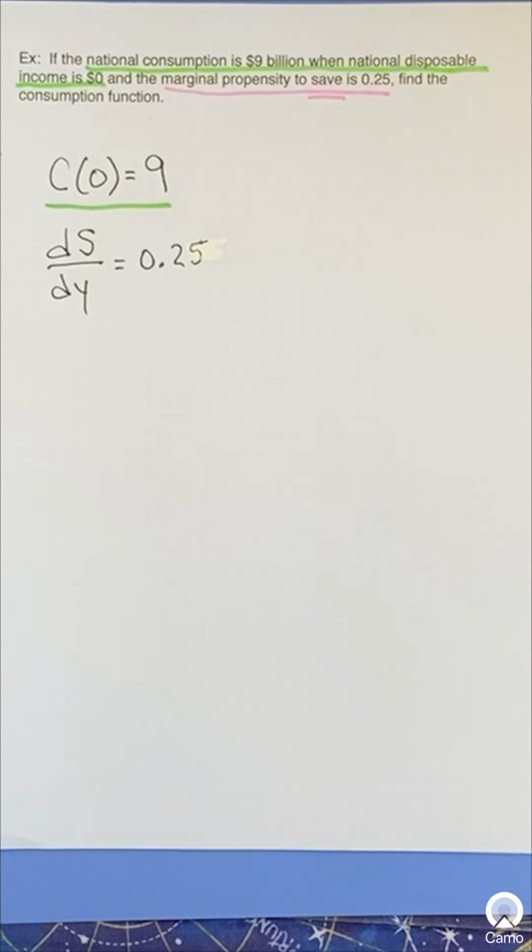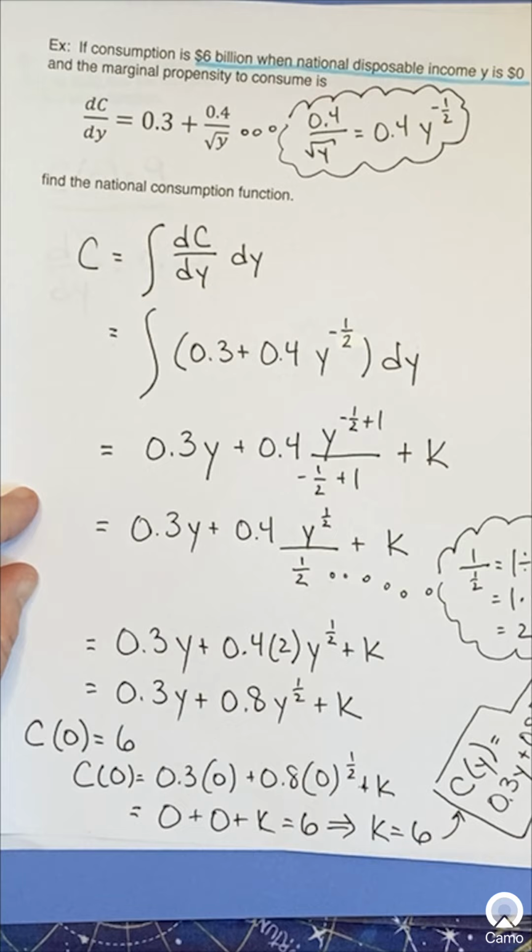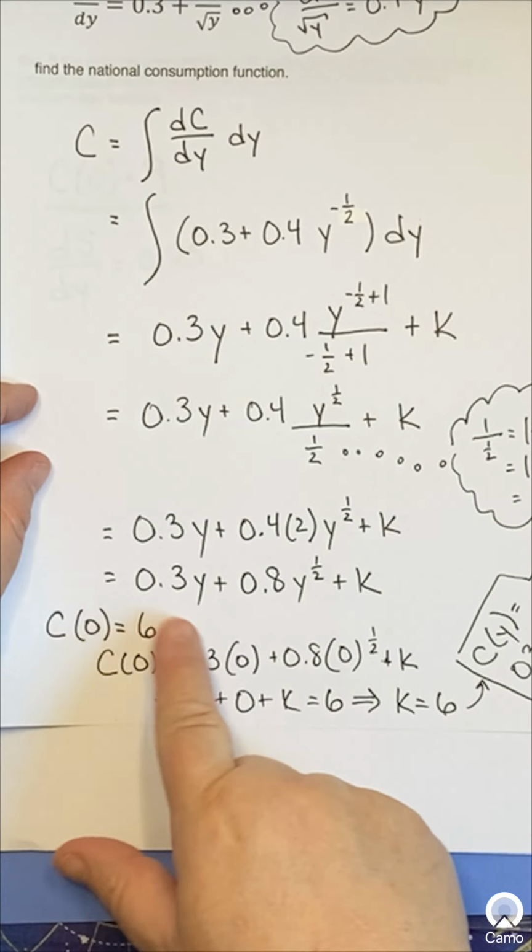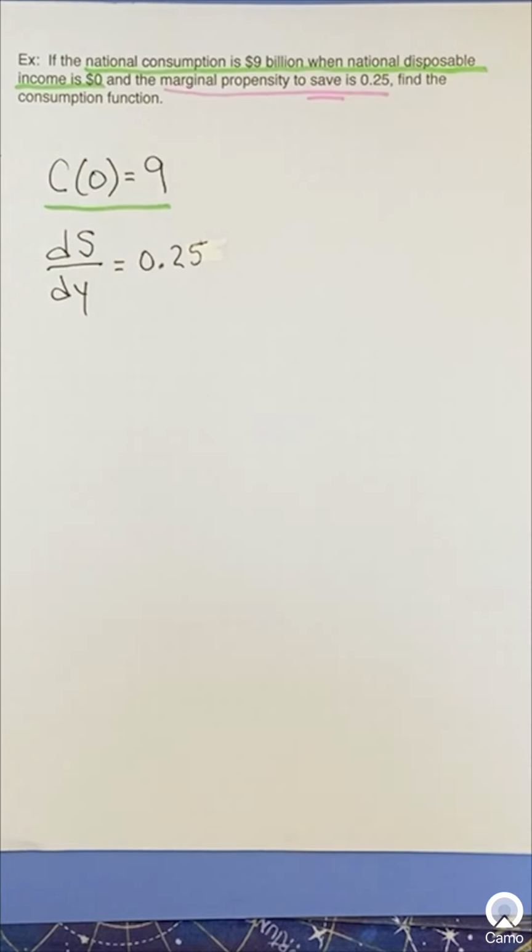Okay, find the consumption function. Now, in the previous problem, we had dc dy and C of 0 equals 6, right? This time we don't have dc dy, we have ds dy, so we have to do an extra step.